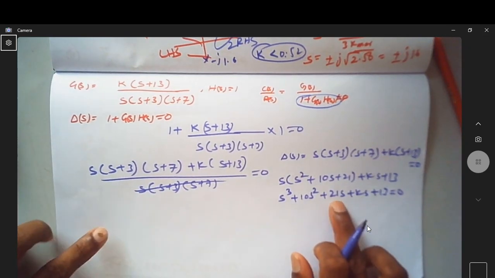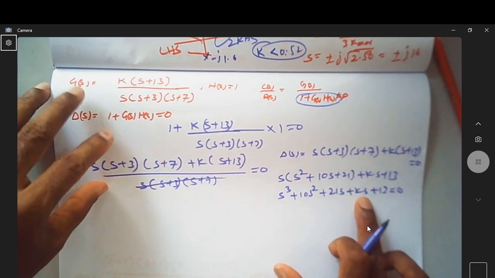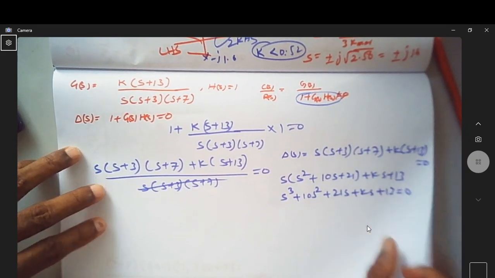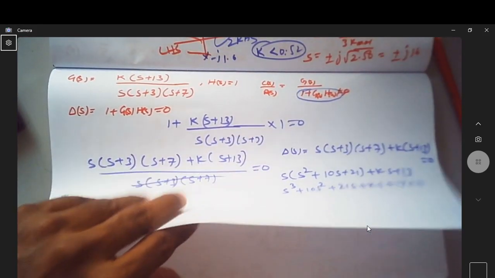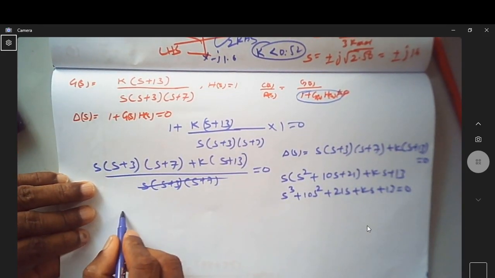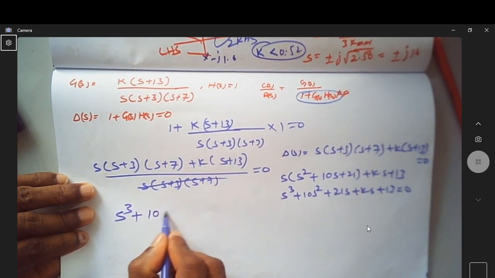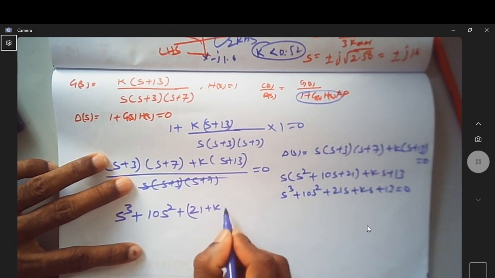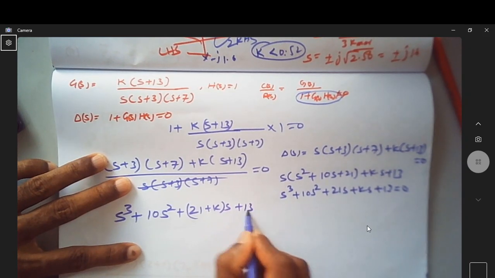So you have a coefficient of s as 21 plus k. So let us rewrite the equation: s cube plus 10s square plus (21 plus k) into s plus 13 equal to 0.